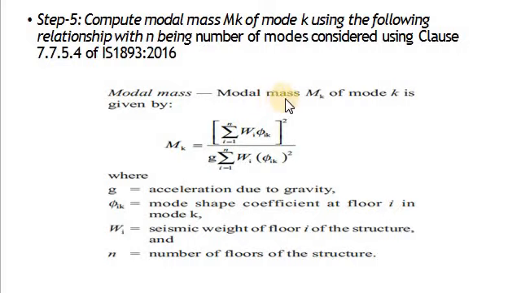Here modal mass Mk of the mode K is given by the summation i=1 to n. Here n is the number of floors in the structure, Wi is the seismic weight of floor i of the structure, and phi ik is the mode shape coefficient at floor i in mode K, that is divided by the summation of the square of the mode shape multiplied by the acceleration due to gravity.